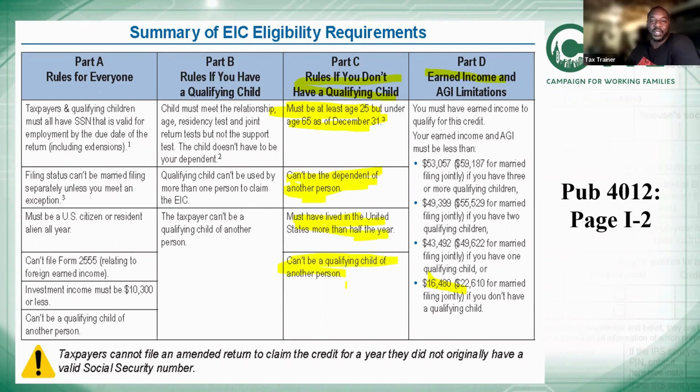So remember, there's dependency, and then there's a qualifying child for EIC. He can't be a qualifying child for EIC, and he can't be a dependent of somebody else. He has to live in the United States for half the year, and he has to be between 25 and 64. It says nothing about certain things on this poll. One of the things they didn't say anything about. We're on the same page now?